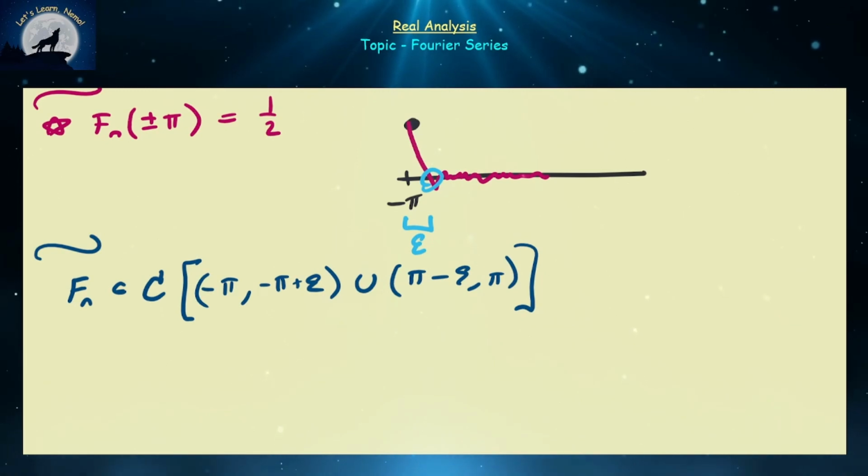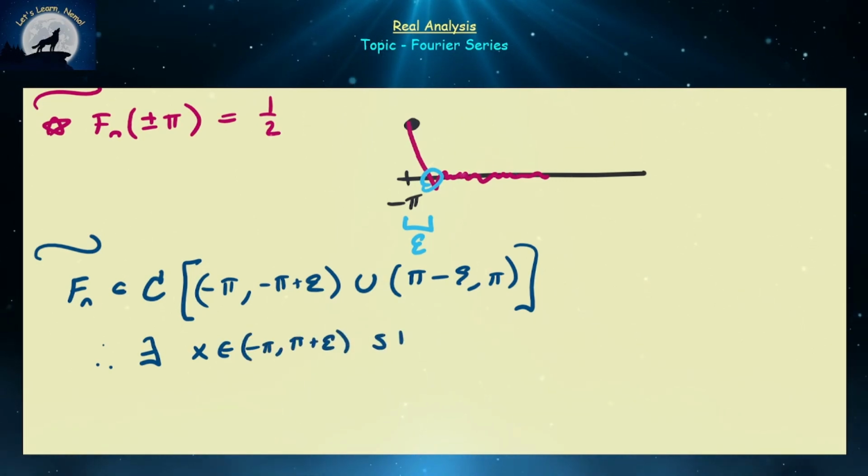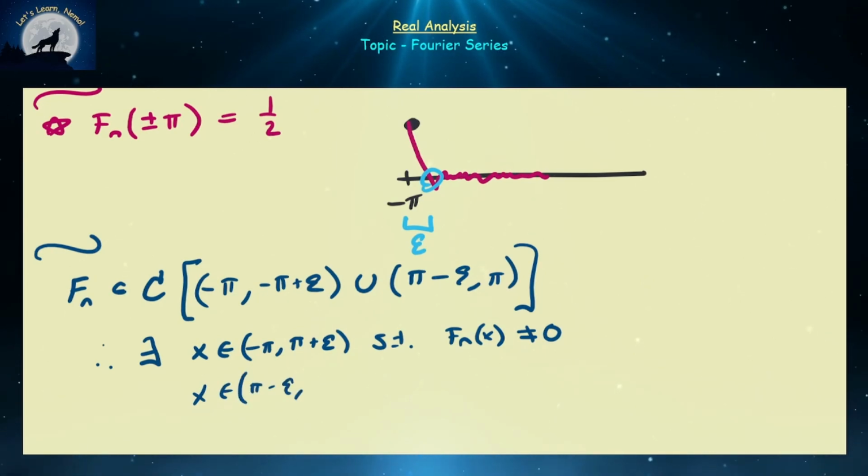So since it has to go from 0 to 1, there's going to be some gap for which it's not equal to 0. So that means there exists some x in between minus pi to minus pi plus epsilon such that fn of x is not equal to 0, and there also exists an x in the interval pi minus epsilon to pi such that fn of x does not equal 1.